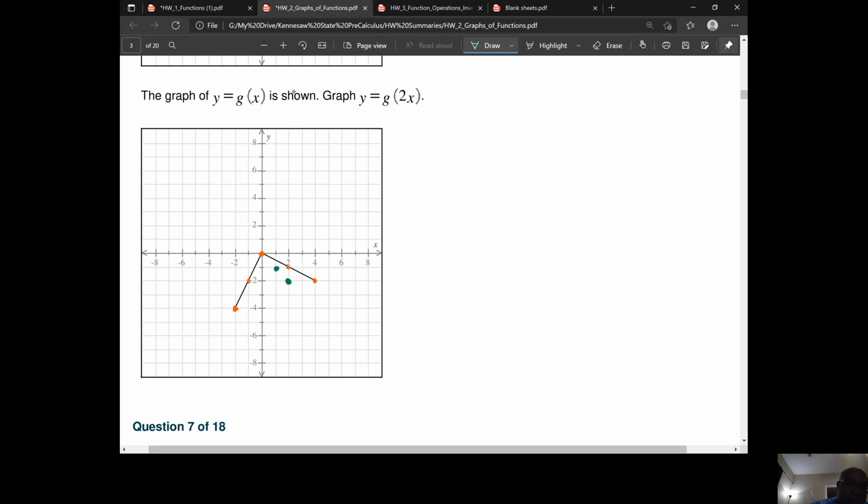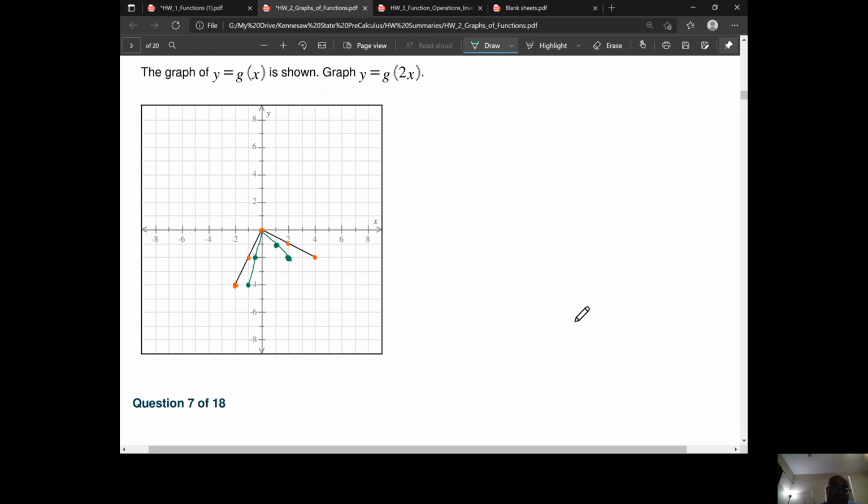This -1 becomes 1/2. This -2 becomes -1. So it looks like this. When you see that 2x, that is actually a horizontal compression. If that 2 was a 1/2, so if it was g of 1/2 x, it'd be a horizontal stretch. But this is a shrink.